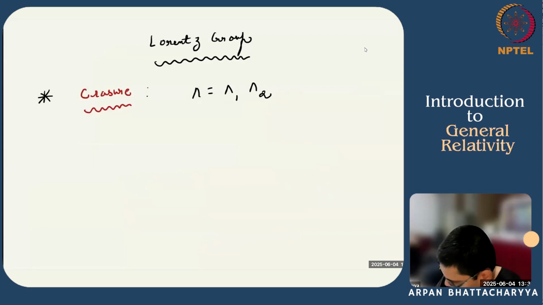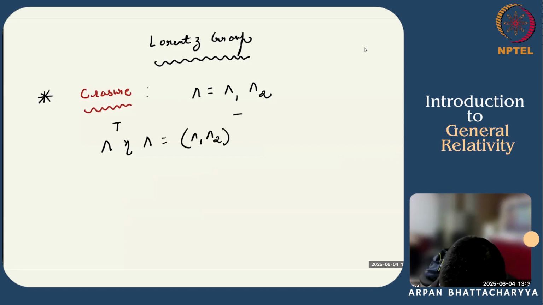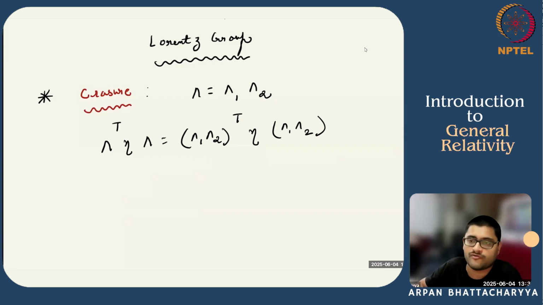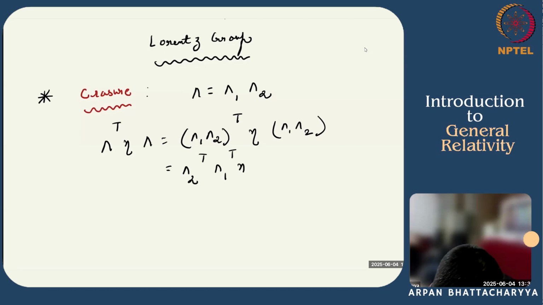So what we have to do is start from this: Lambda transpose eta Lambda, which is Lambda 1 Lambda 2 transpose eta Lambda 1 Lambda 2. And we use the fact that the transpose of a product of two matrices is equal to the product of the transposes of the individual matrices, but in the reverse order, which means that this gives Lambda 2 transpose Lambda 1 transpose eta Lambda 1 Lambda 2.